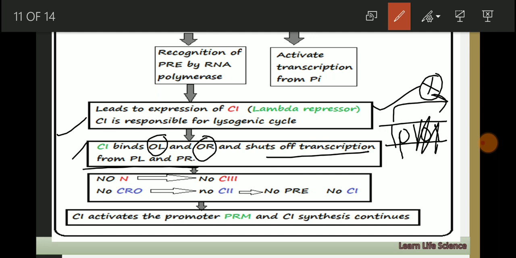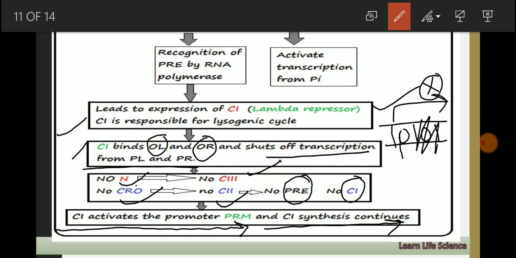Now if there is an off transcription at PL and PR region, then there will be no N and no C3, no CRO, then no C2, and if there is absence of C2, there will be no PRE recognition by RNA polymerase, as well as there will be no repressor synthesis. You can see here how C1 repressor is maintaining its own level. Okay, C1 activate the promoter PRM and C1 synthesis continues.